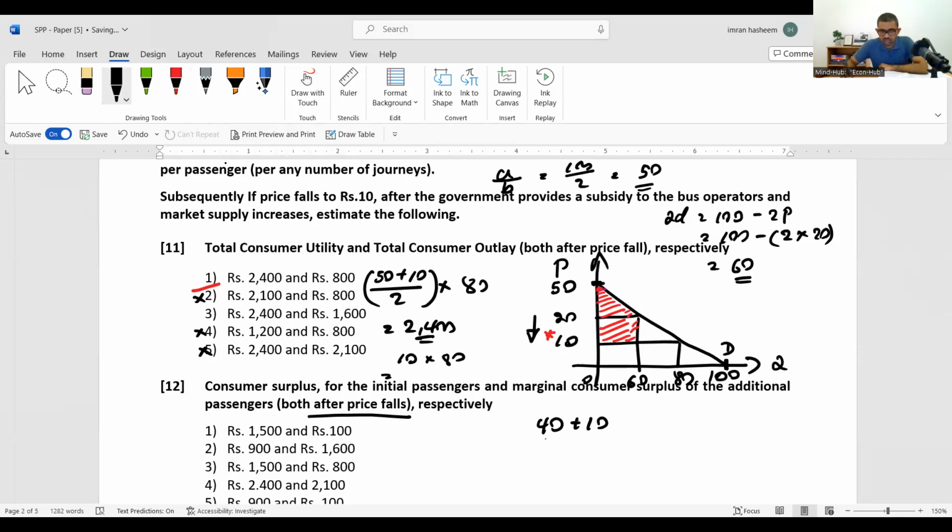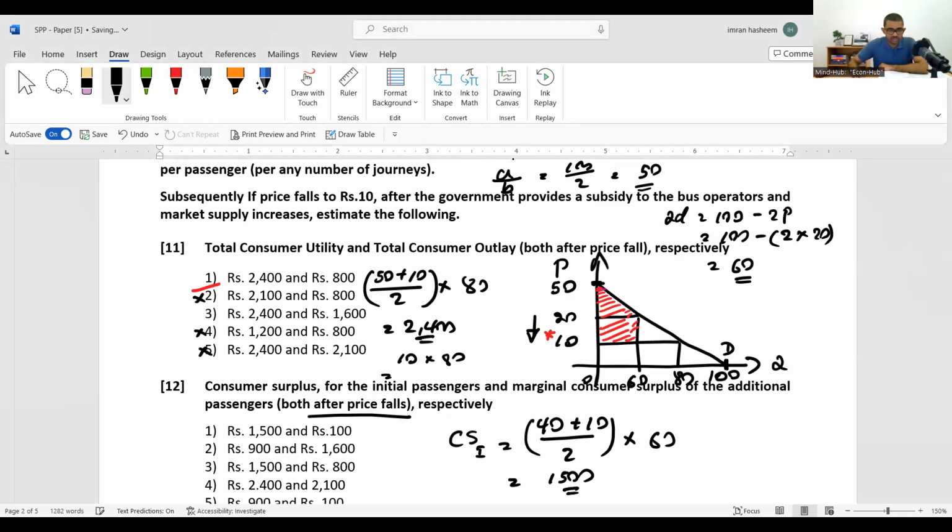Estimate with me the value of the red colored shaded trapezium: divided by 2, multiplied by perpendicular distance, which would be 0 to 60, multiplied by 60. How much do you get here? As the consumer surplus for the initial passengers, how much do we get? Yeah, 1500, correct.